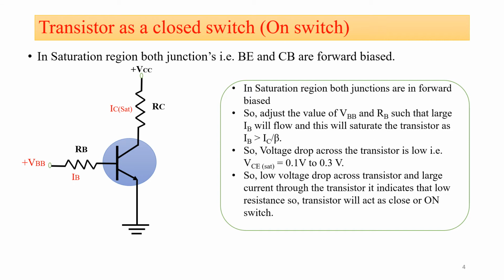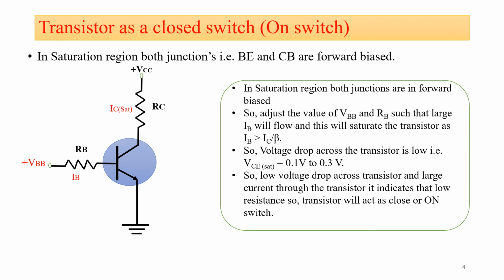And as we know, as per the output characteristics of our common emitter configuration, when our transistor operates in saturation region, the voltage drop across the transistor is minimum, which is in between 0.1 volt to 0.3 volt. So this indicates a low voltage drop across the transistor while a large current, that is IC, is flowing through it, which indicates low resistance.